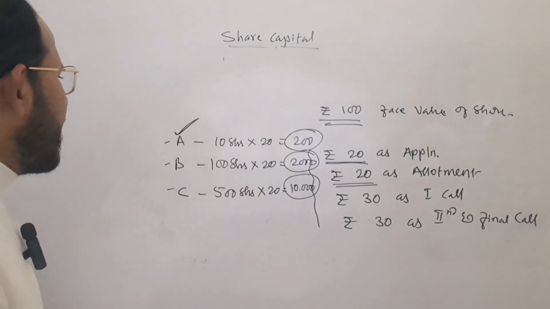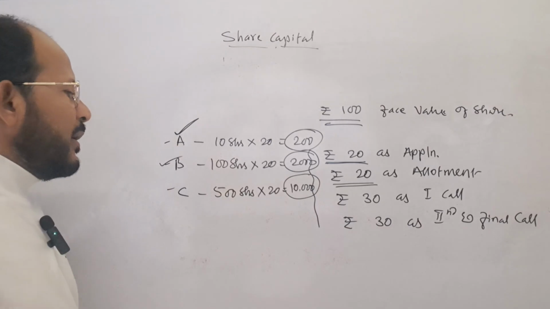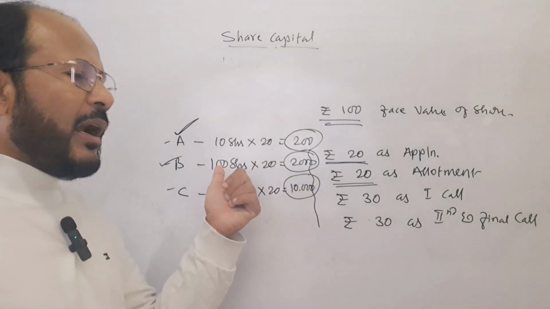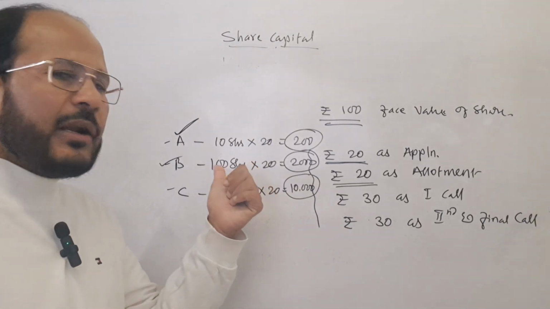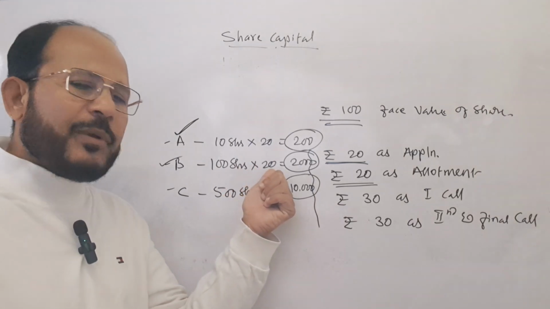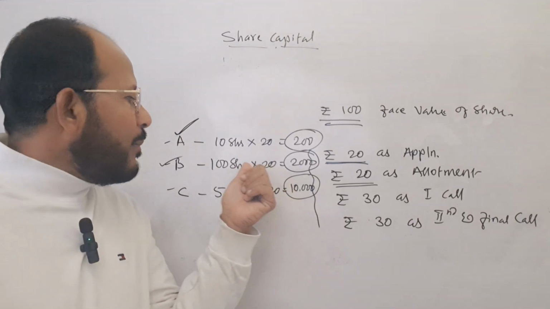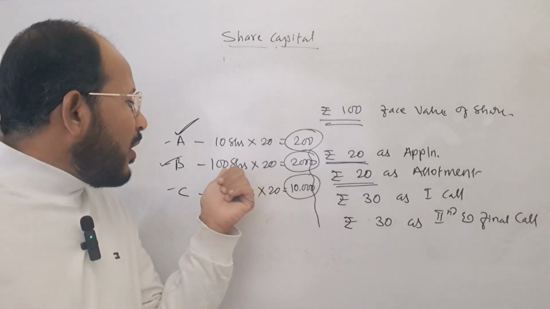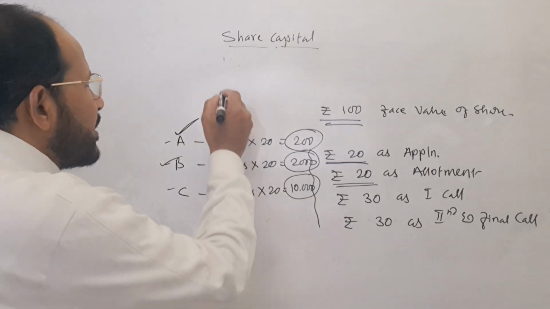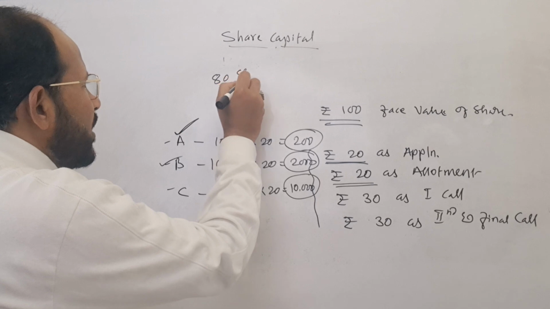Next one is, come to B. Actually B applied for 100 shares. He has already sent rupees 20 as application money, and the board of directors allotted him only 80 shares. How many shares are allotted to Mr. B?